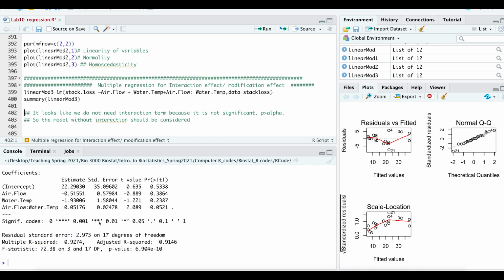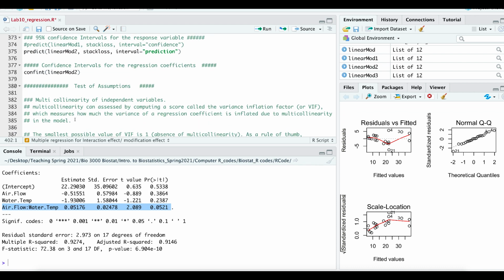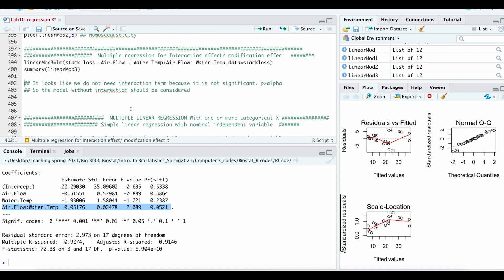The p-value for the interaction effect is greater than 0.05, meaning that there is no interaction effect. We do not need the interaction term because it is not significant, that is p is greater than alpha. So the model without interaction should be considered.